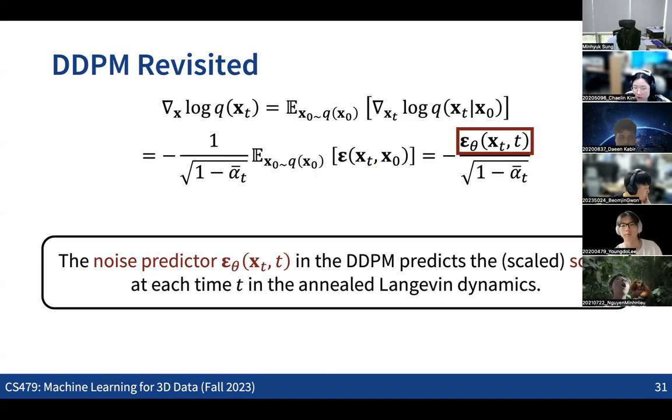That's the fundamental idea behind the DDPM model, and why we need this information: it is related to the score information we need for the sampling process. Any questions on this?